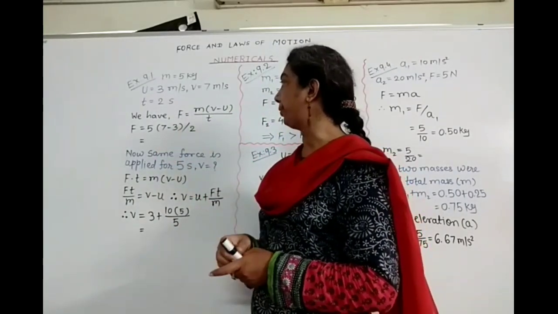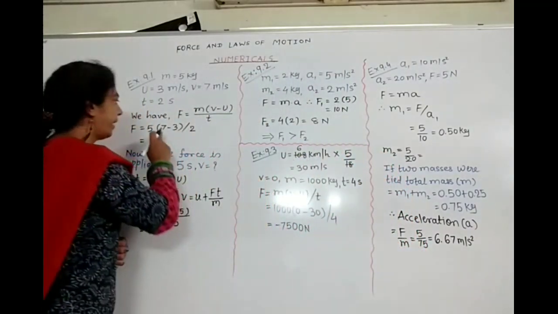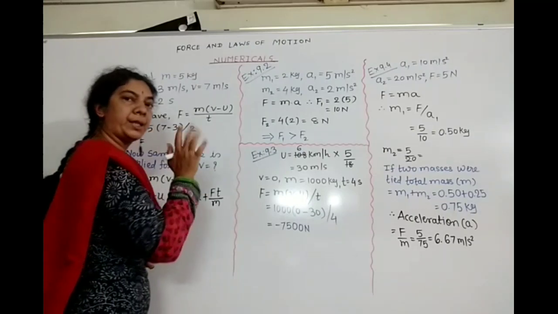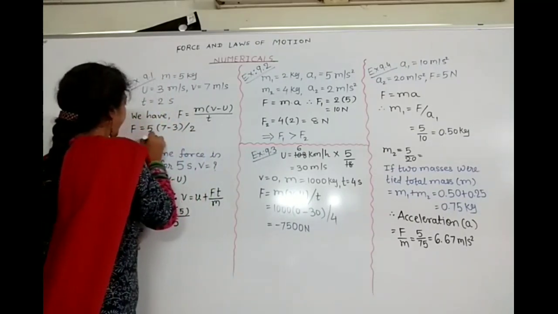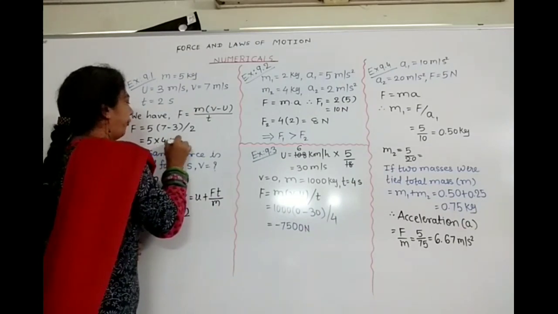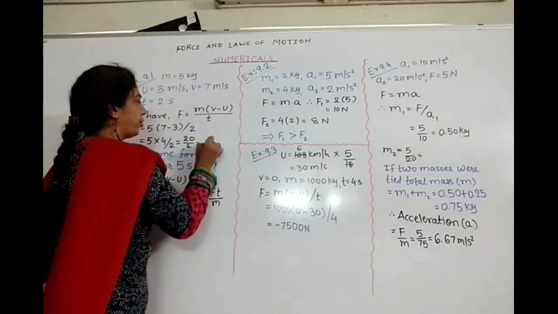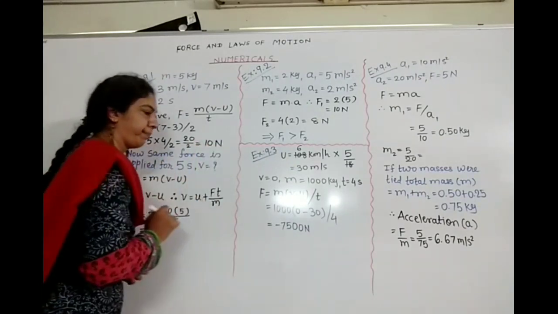Substitute all the values. So for simplifying this, we will have 7 minus 3, that is 4. So 5 into 4 divided by 2. 5 4s are 20 upon 2 is equals to 10 Newton.